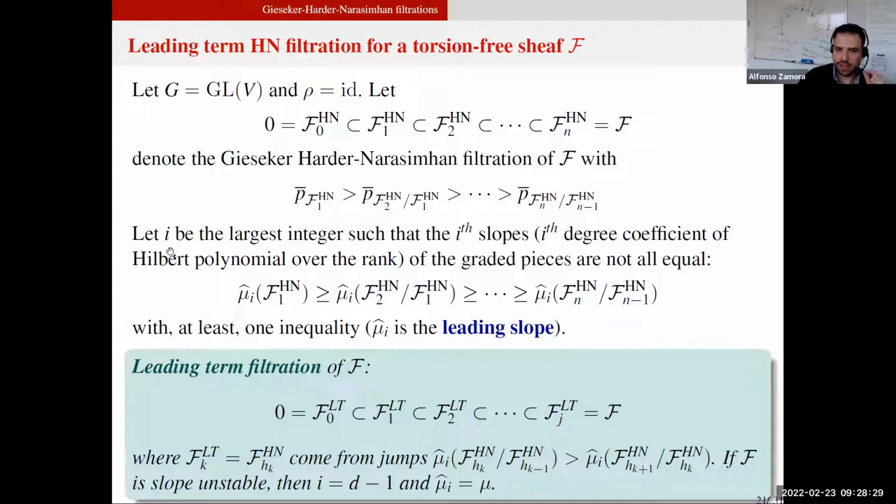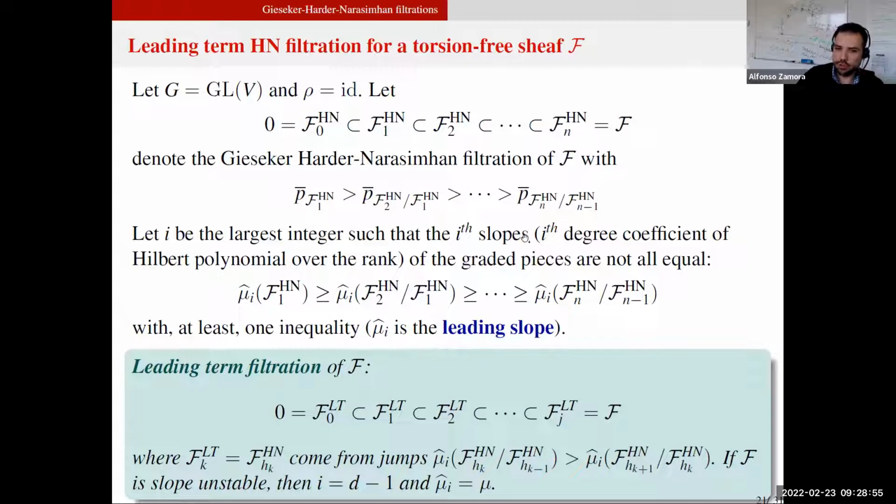Then we define I to be the leading index, and then mu I the leading slope, where the leading slope is the slope of that degree coefficient over the rank. It is like an intermediate slope. Instead of the actual degree of the sheaf over the rank, it is the combination of Chern classes at some degree of the polynomial over the rank.